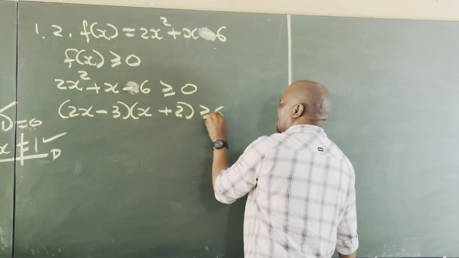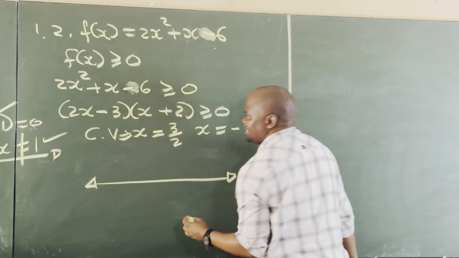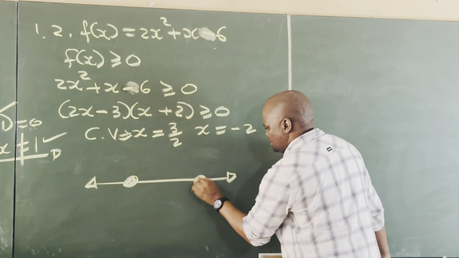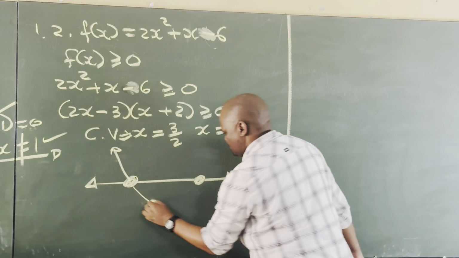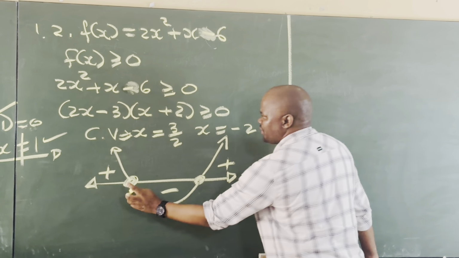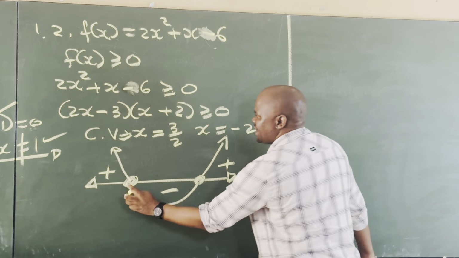And then we look for the critical values. What are the critical values? x is equal to 3 over 2 and x equals negative 2. Then, in order to find the solutions, remember this is an inequality, we use this method. There are so many methods you can use, but we are using this one. We interpret our solutions graphically. So we have negative 2, then we have 3 over 2.